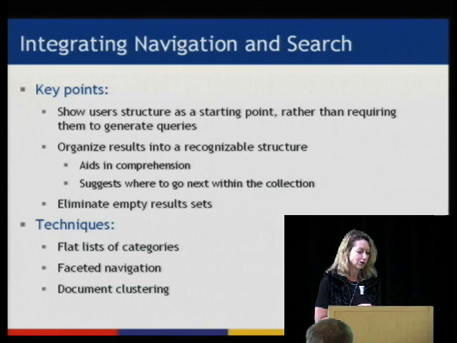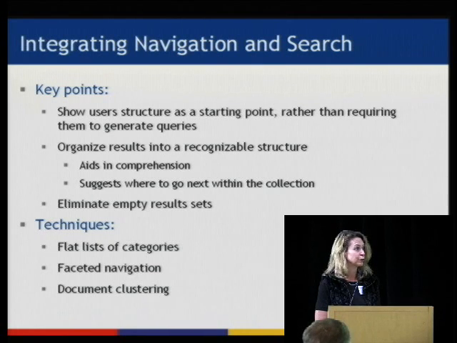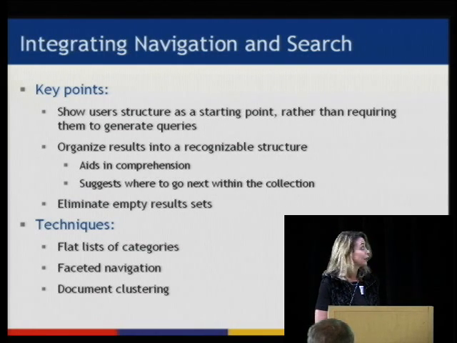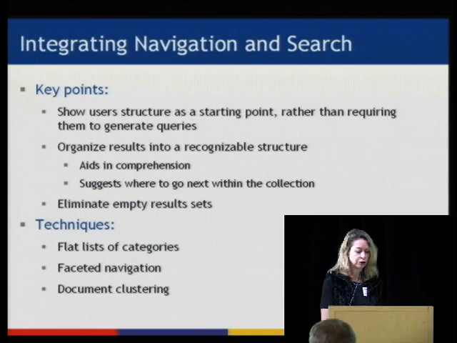I think it's very hard to achieve this in web search as a whole. You organize results into a recognizable structure that aids both in comprehension of the collection and suggests where to go next with the collection, and eliminates empty result sets, which are very bad from a user's point of view for search, one of those principles that you want to avoid. And there are different techniques: flat lists of categories, faceted navigation, and document clustering. And again, I gave a talk on this about 3 years ago, if you want to look it up in the archives.